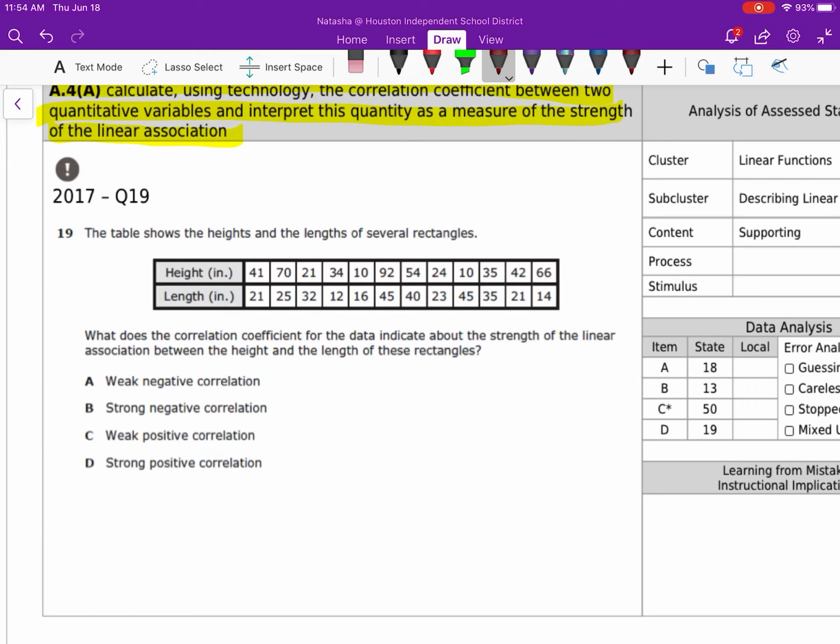Okay, so in this question, we're given the height and length, and then we want to look at the correlation coefficient. The correlation coefficient has a value from -1 to 1.